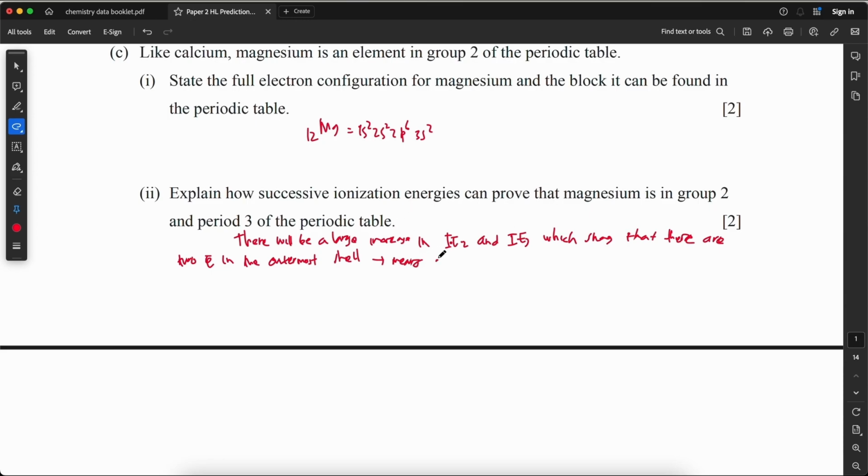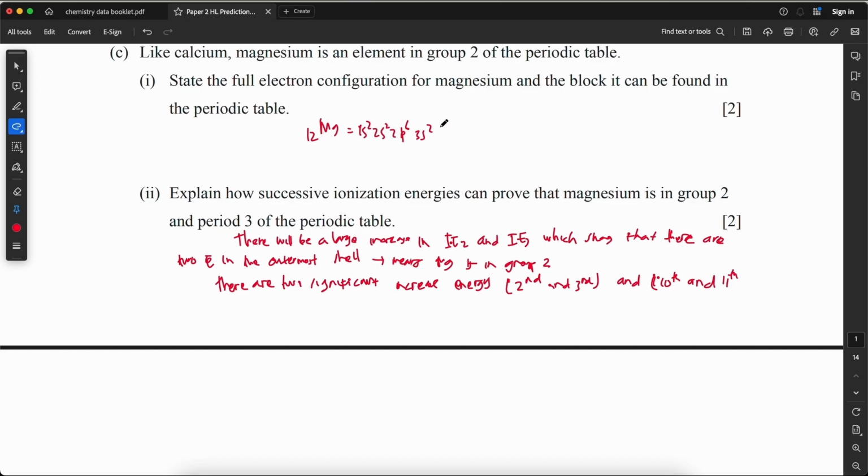It means this magnesium, Mg, is in group 2, and there are also significant increases in energy between the 10th and 11th ionization energies, right? 10th and 11th.